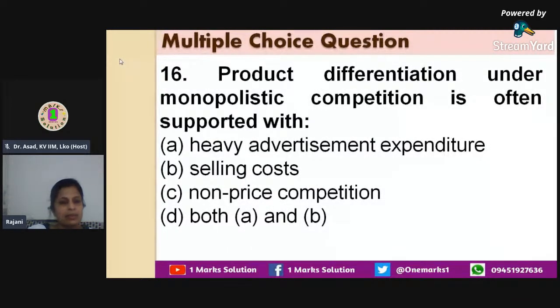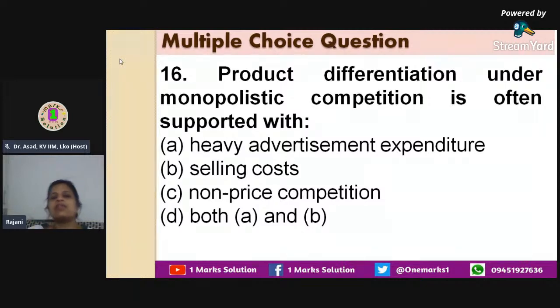So selling cost, non-price competition, both A and B. So specifically they mention product differentiation. They are not asking why you are supporting monopolistic competition. They're asking product differentiation under monopolistic competition is often supported with.